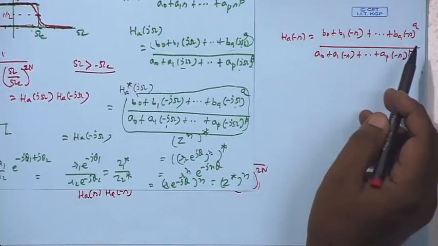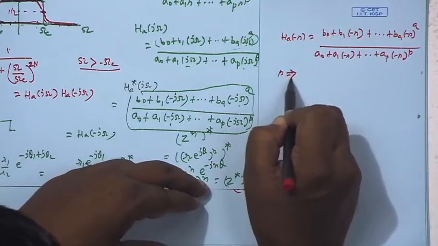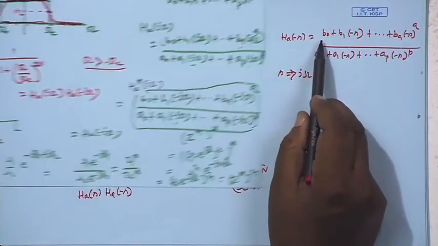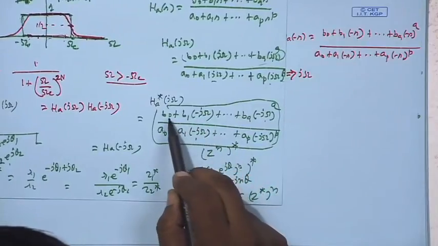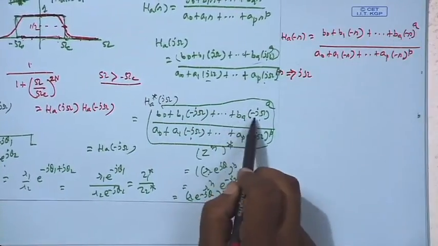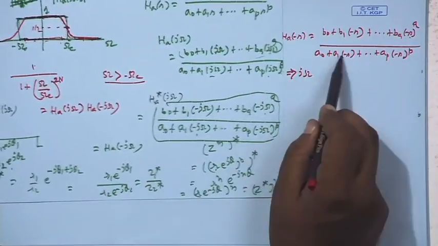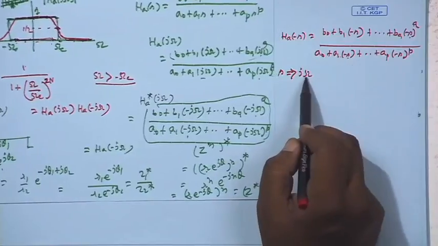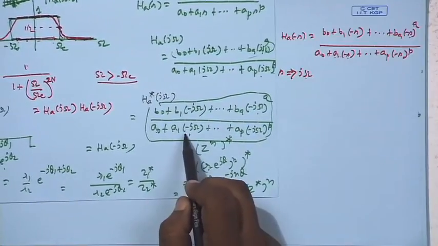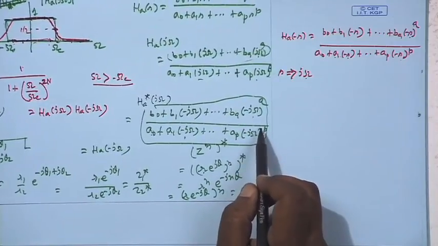And then if I replace s by j omega, what do I get? b 0 plus b 1 minus j omega, dot dot dot, b q minus j omega whole to the power q, divided by a 0 plus a 1 minus j omega, because s is replaced by j omega, dot dot dot, a p minus j omega whole to the power p.